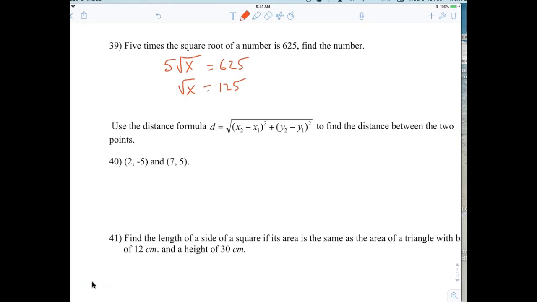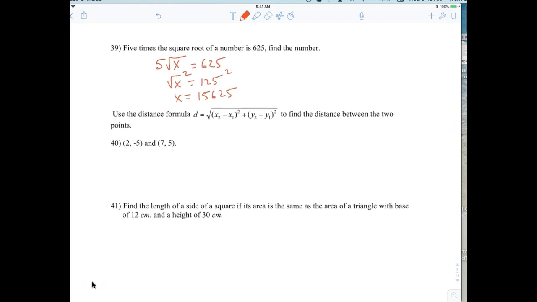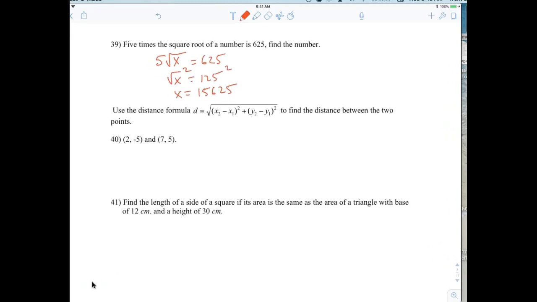And then when you square that, what does that come out to be? Because to undo the square root, I did what? Squared both sides. Any issues?